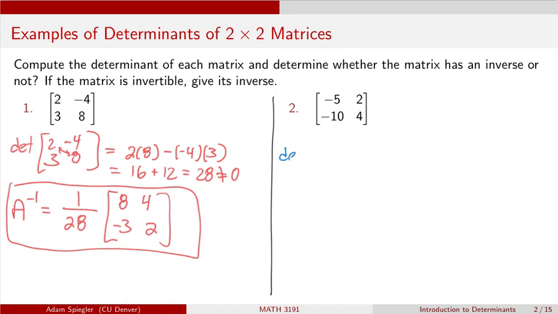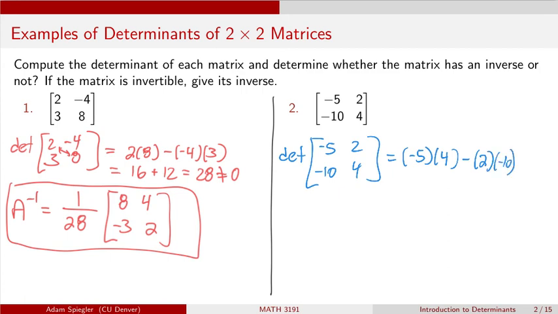By definition, we take the diagonal entries, -5 times 4, and then subtract from that 2 times -10. Over here we get -20, and over here we get +20, so they cancel. The determinant of this matrix is 0, so this matrix is not invertible.